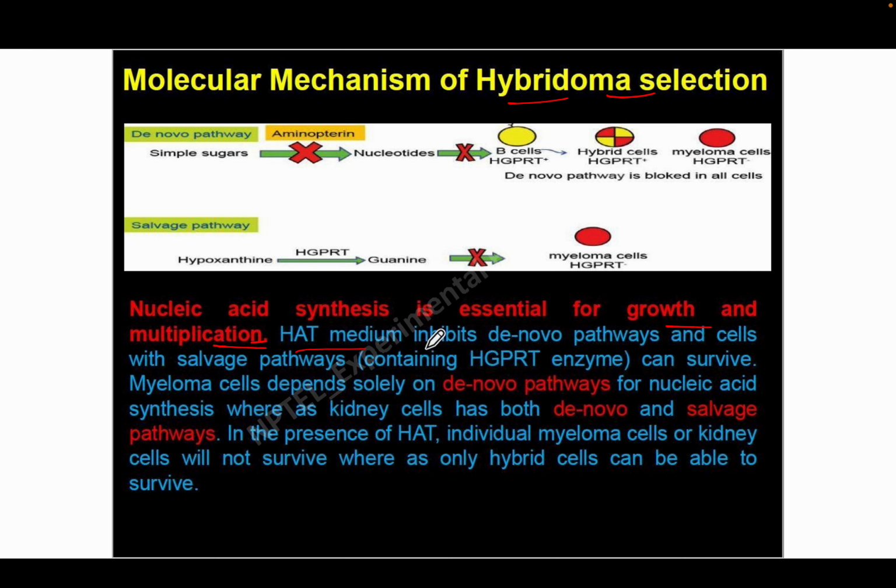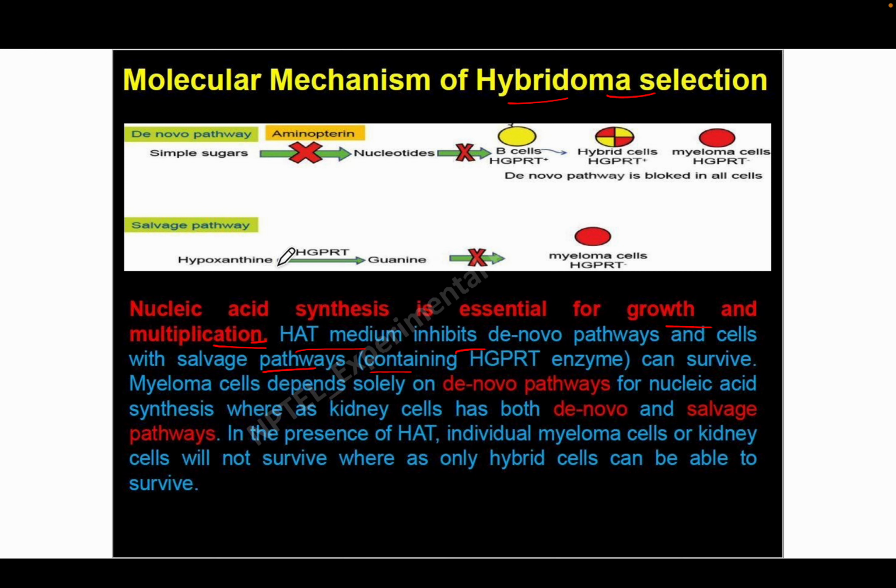So HAT medium inhibits the de novo pathway, and cells with salvage pathways survive. The principle is that when you are growing your cells in HAT media, HAT media has certain substances like aminopterin, which will not allow the de novo pathway of making nucleotides.